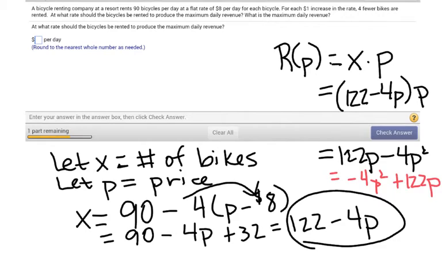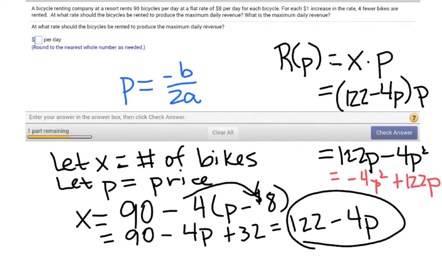Our equation is in terms of p, so we'll actually say p is equal to negative b over 2a, where your negative 4 is your a, the 122 is your b, and you don't have a c, but we don't have that in the vertex formula anyway. Because our quadratic is in terms of p, we're going to write p equals instead of x equals. But p equals negative b over 2a.